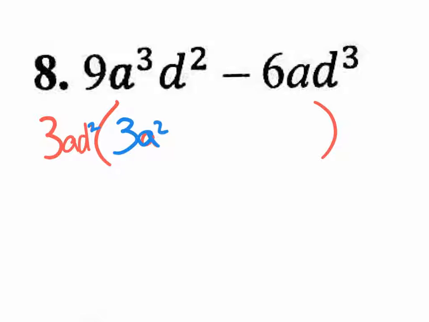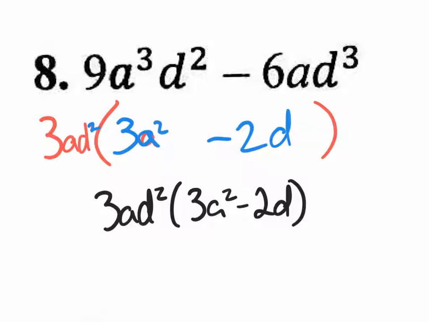So then I have 3 times what will give me a negative 6? Negative 2. And what about the letters? I have an a. So I'm good. I have a d squared times what will give me a d to the third? Just d. Because d squared times d is d to the third. So that's your final answer. Let me write it nicer.